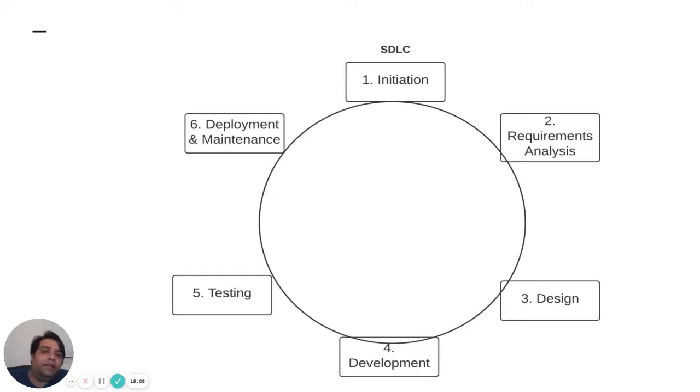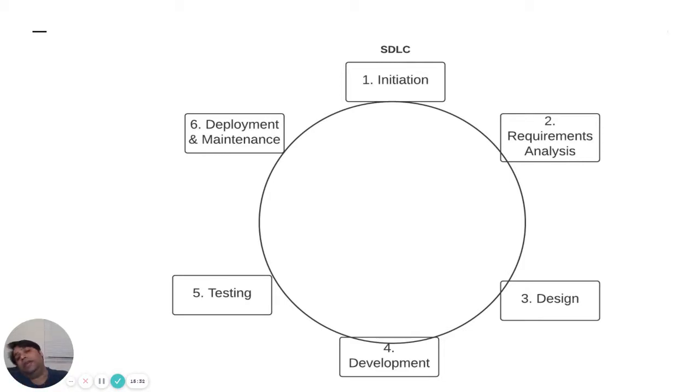The second thing is requirement gathering. So this SDLC you can find over there as well in the project planning, right? Do you understand? Okay. So the second thing in SDLC is requirements analysis.